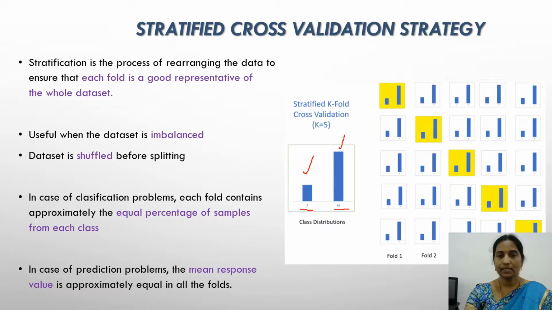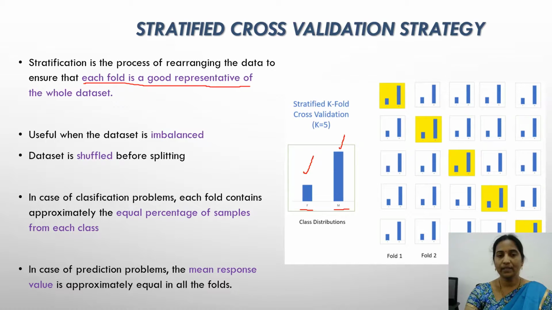So in stratified cross-validation, here also we follow the same strategy as K-fold cross-validation, except for a few alterations. When we apply stratified cross-validation, the method ensures that each fold is a good representative of the entire data set.